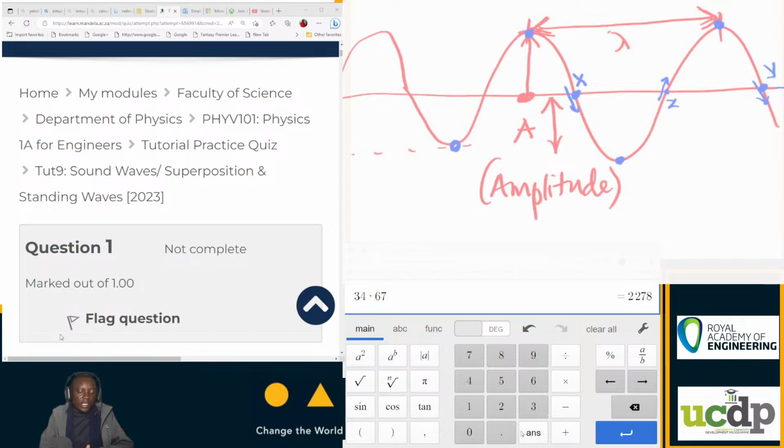And as such, we can draw the propagation of the wave in terms of its displacement versus distance. So displacement is its variation in the y versus distance in the x. This is one way of presenting it, or it can be displacement versus time, where the time of one oscillation is what we call the period.